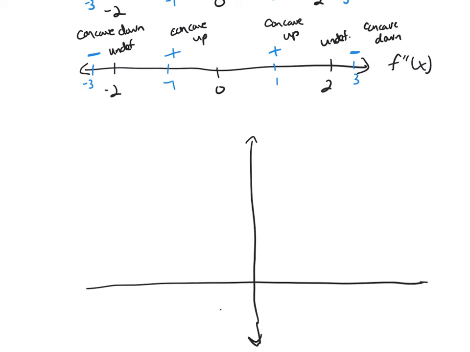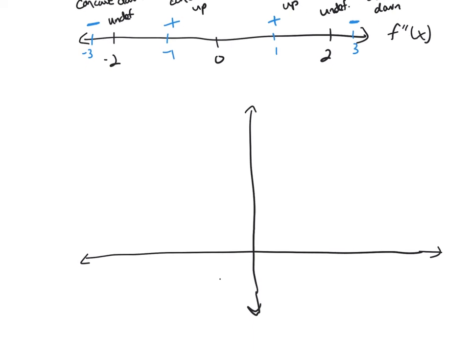Okay, so remember I'm going to start with my asymptotes. I have an asymptote at x equals -2. I have an asymptote at x equals +2. And I have a horizontal asymptote at y equals 2.